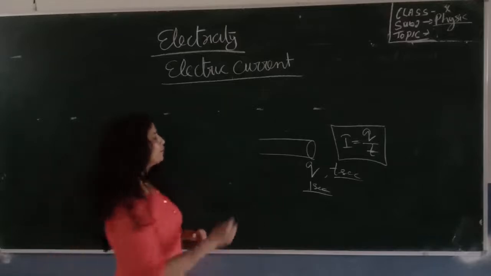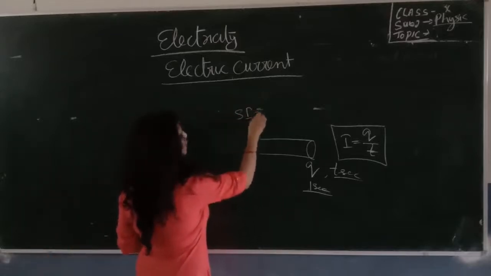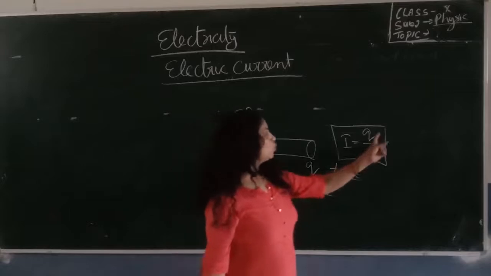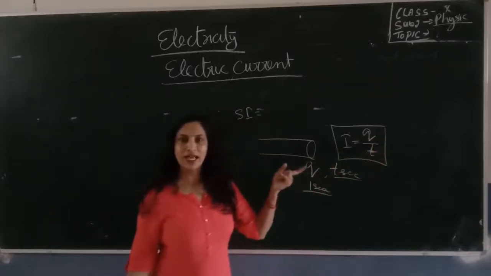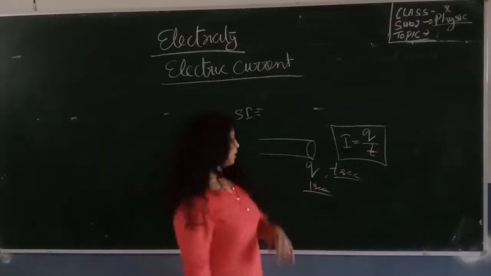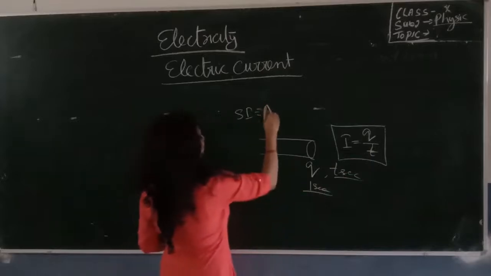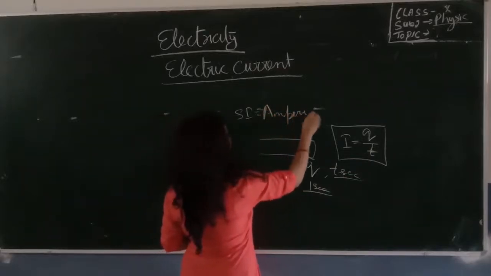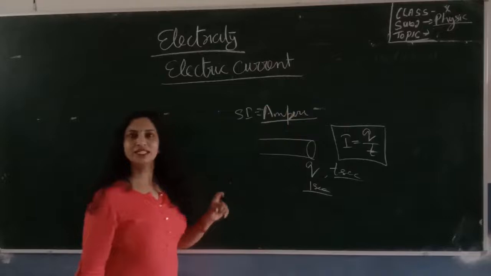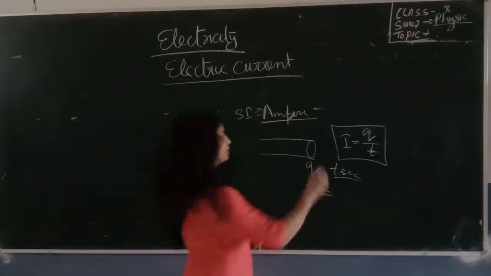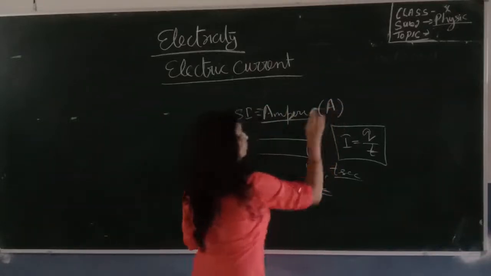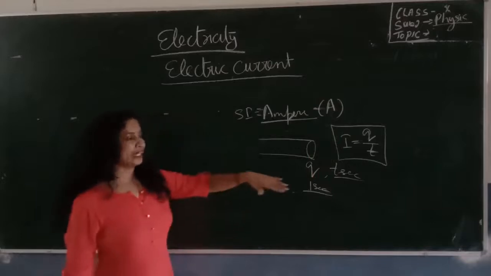Now what is the SI unit of electric current? According to the formula, coulomb per second should be the SI unit of current, or we can also write it as ampere. We represent the unit ampere by the symbol capital A. So current is the rate of flow of charge.